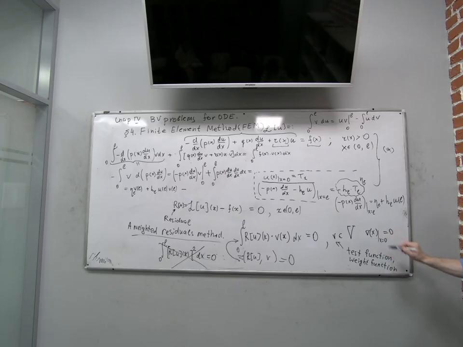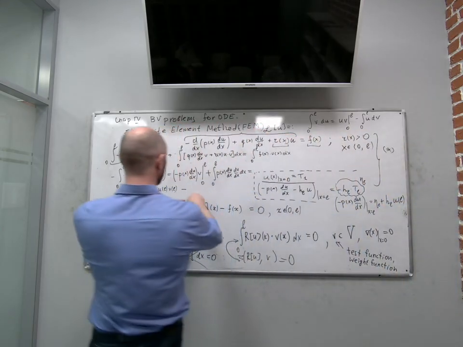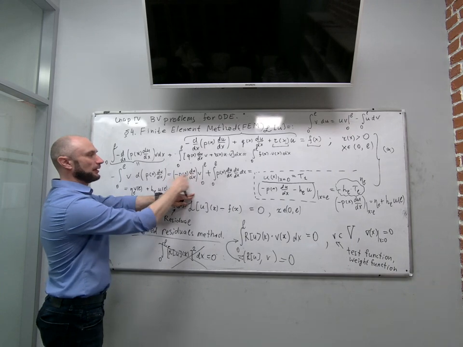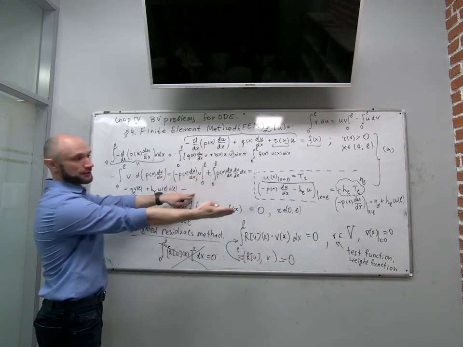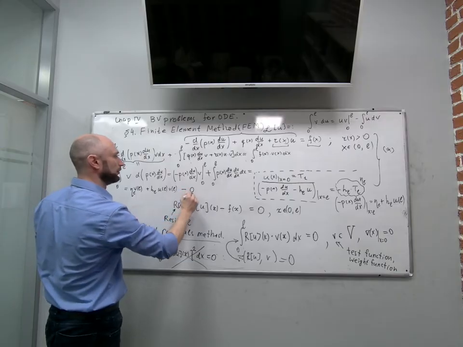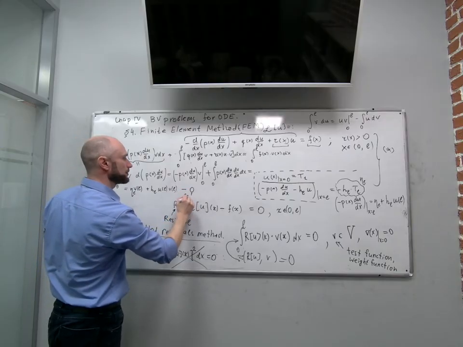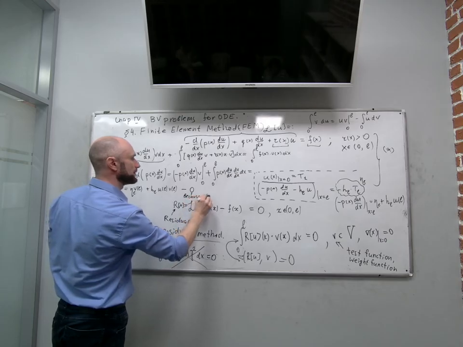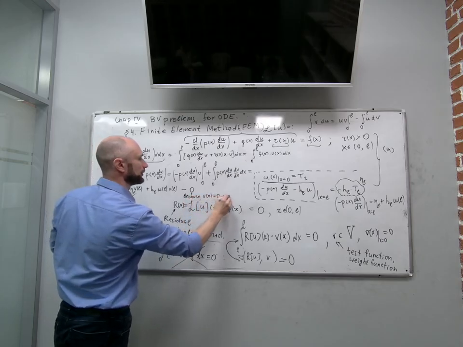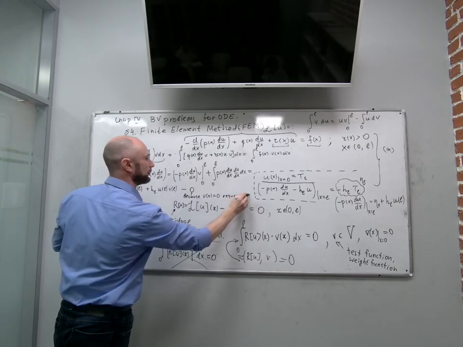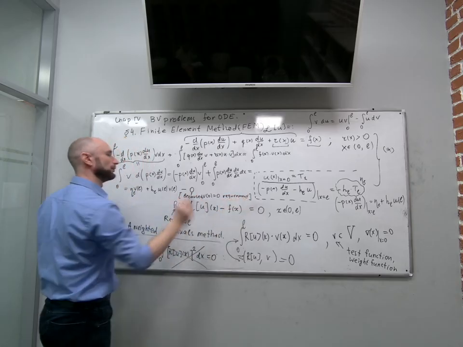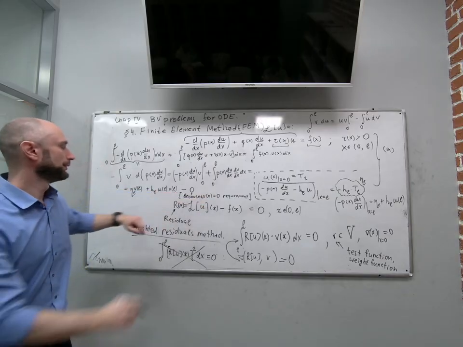X equal to 0. If we do so, we reduce this set of functions a little bit. So we take only those functions that satisfy this additional condition. If we do so, we will see that in this product, v of 0 is 0. Because of the v of 0 equal to 0 requirement, minus 0.